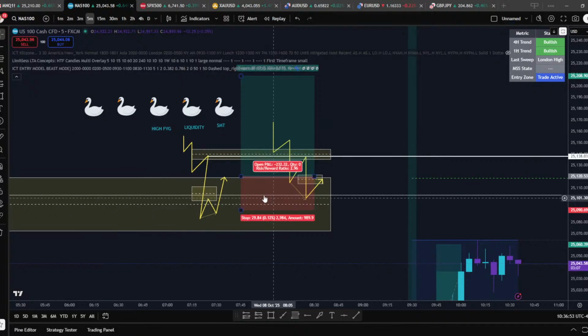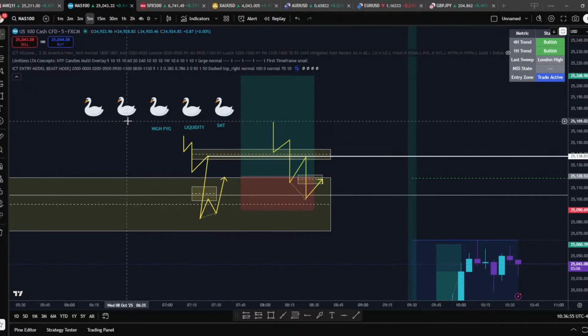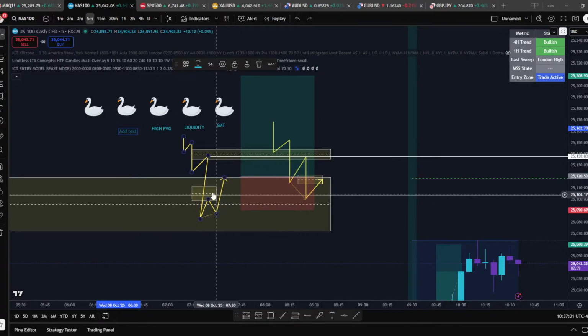High fair value gap. Okay. Then we go SMT liquidity, half fair value gap, inverse fair value gap, candle close.